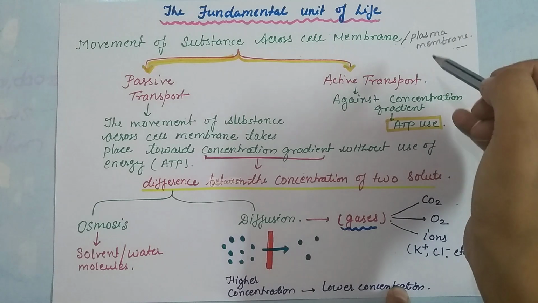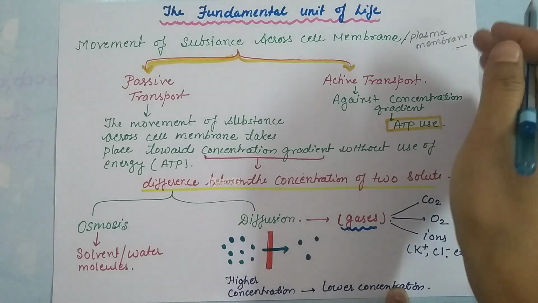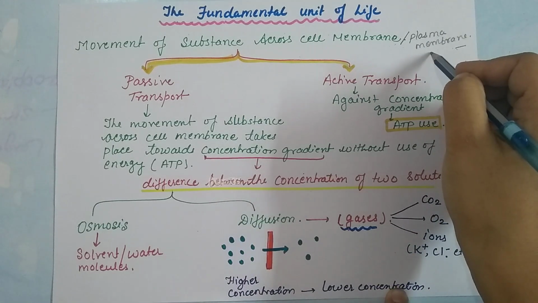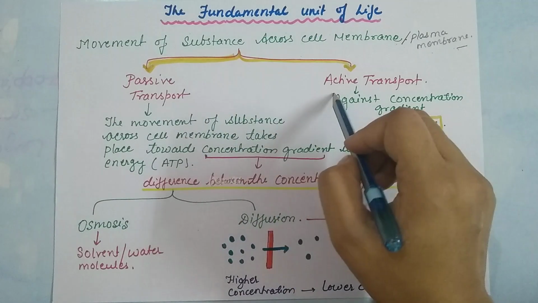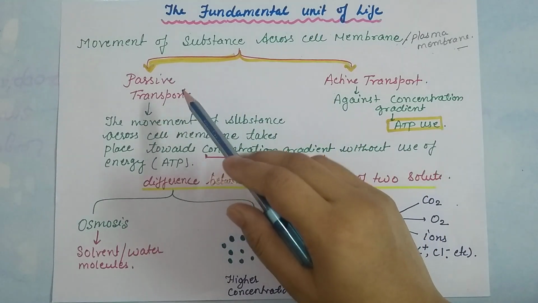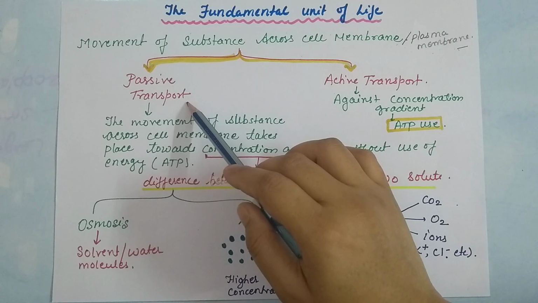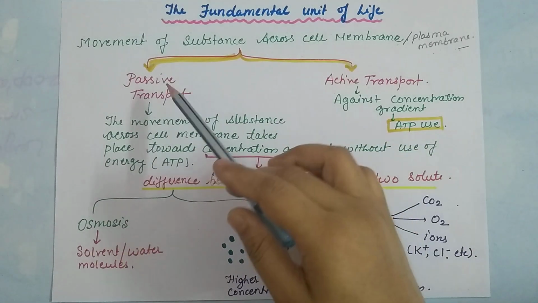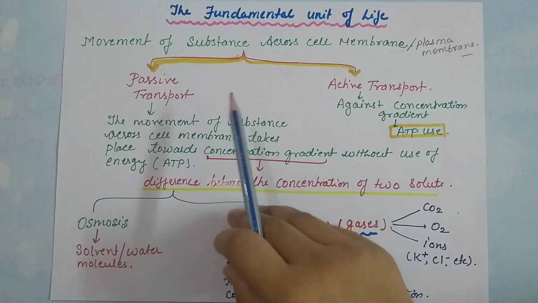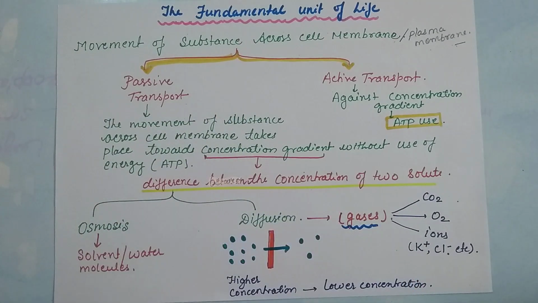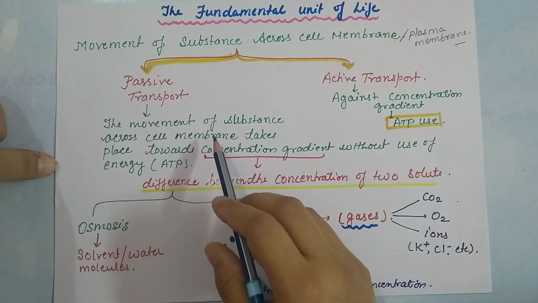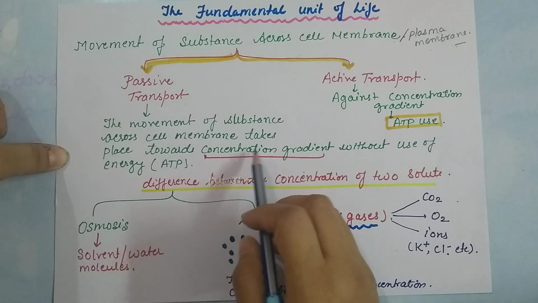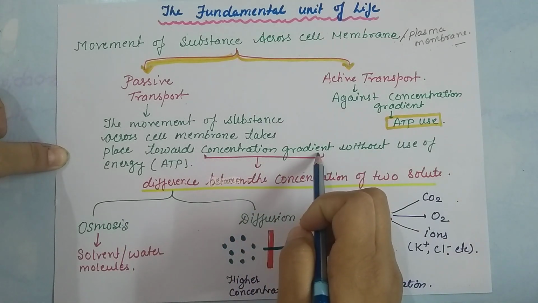The exit or entry of substances through the plasma membrane takes place in two forms: passive transport or active transport. Passive transport is the type of movement in which the substance moves across the cell membrane along the concentration gradient.